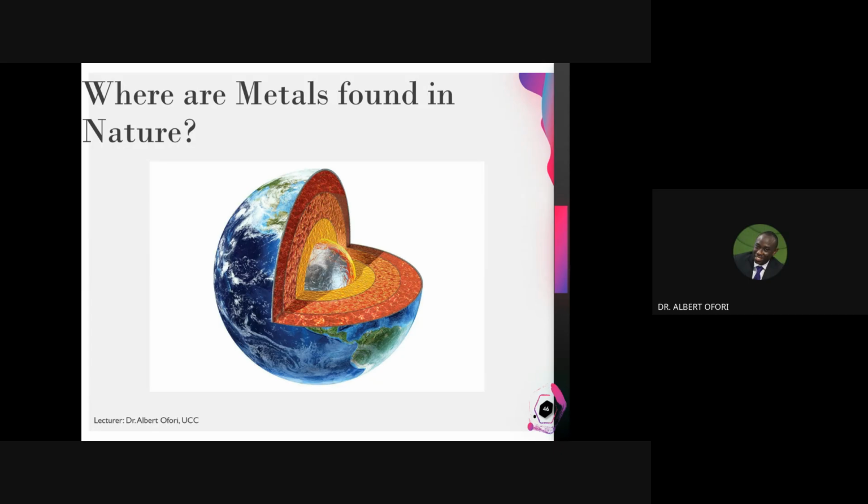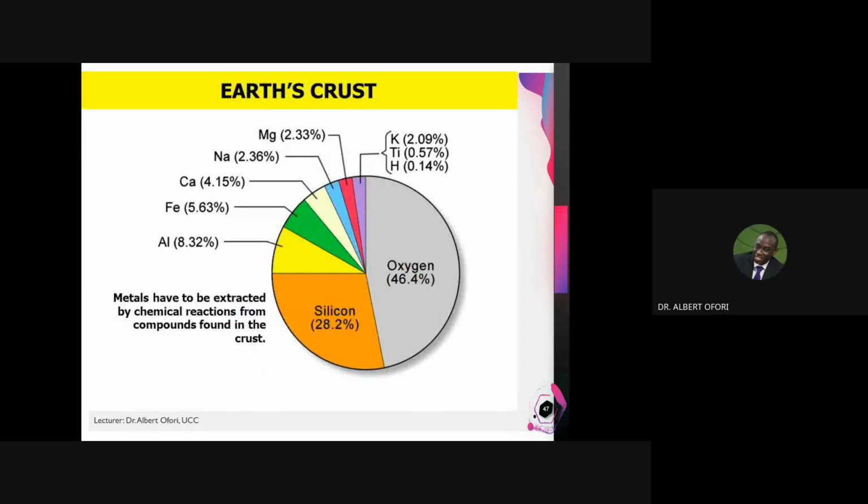Ghana should be one of the richest countries in the world because almost all the common metals that we know, we can find them here, as we are going to be discussing, yet we are still poor. That's just another discussion. But we have a lot of them in the earth crust, elements like magnesium, sodium, calcium, iron, aluminium. We have a lot of aluminium deposits here in our country.